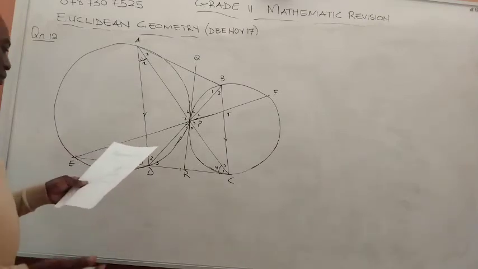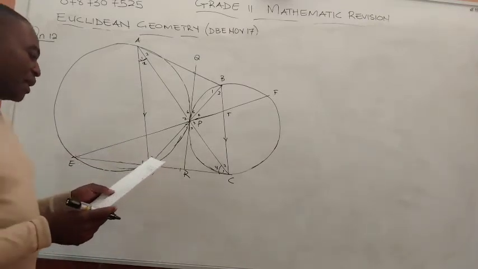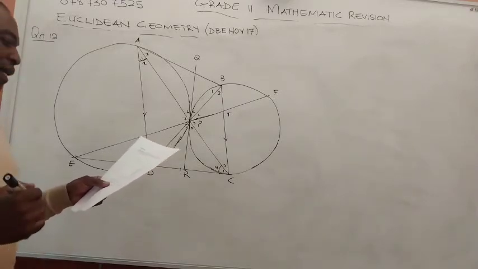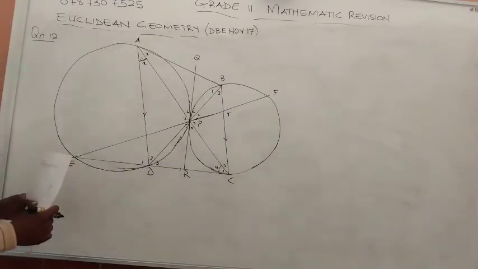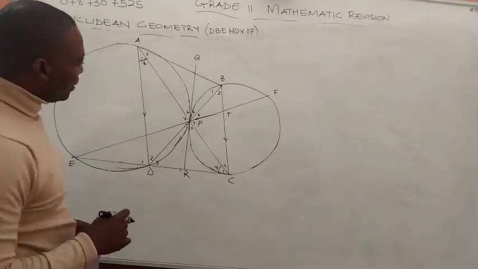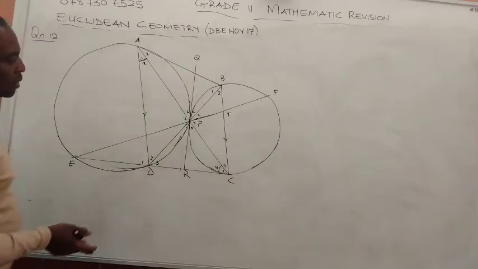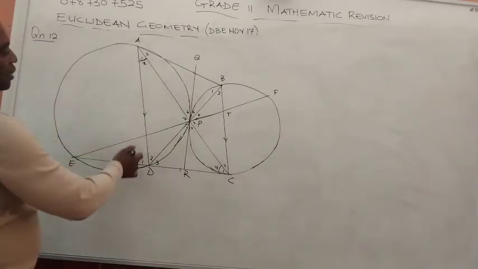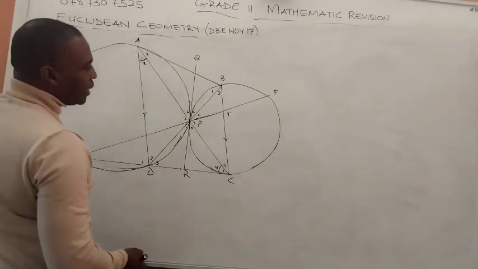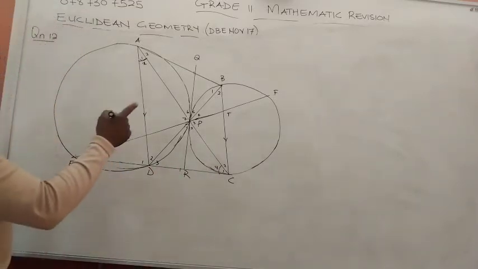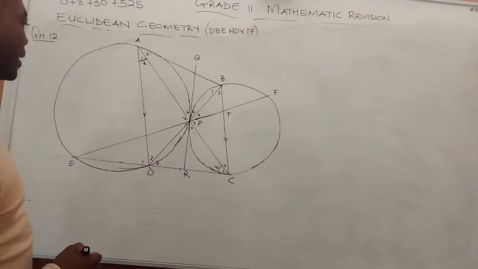All right, now let's answer the questions. We are asked to name with reasons 4 other angles that are equal to x. So we can start by looking, because we can see that it's connected to a parallel line. That means it has an angle that it relates to on the other parallel line.